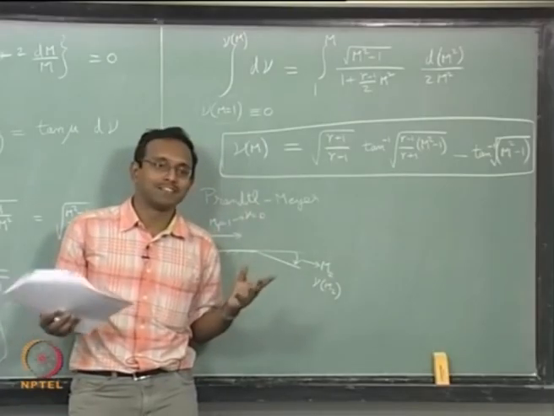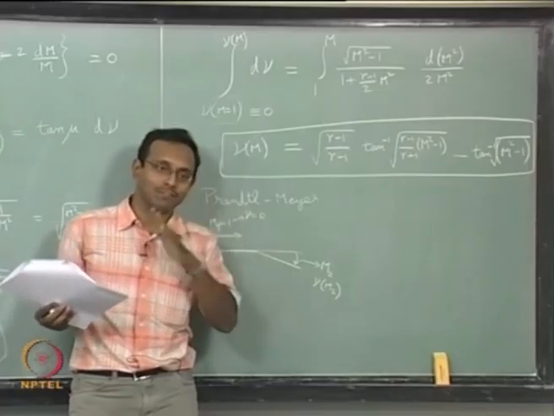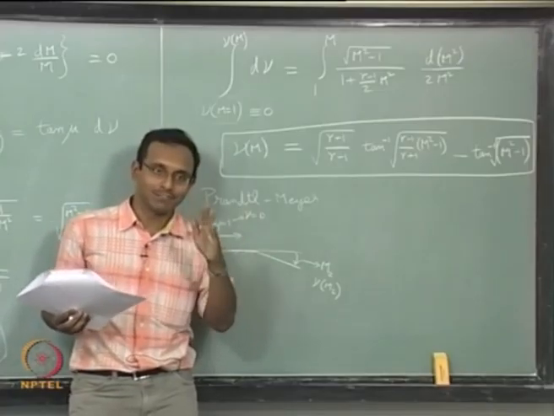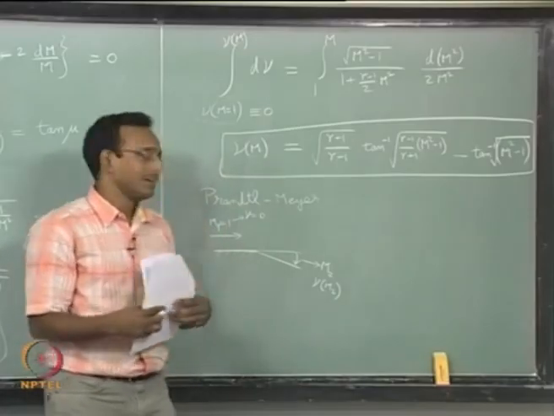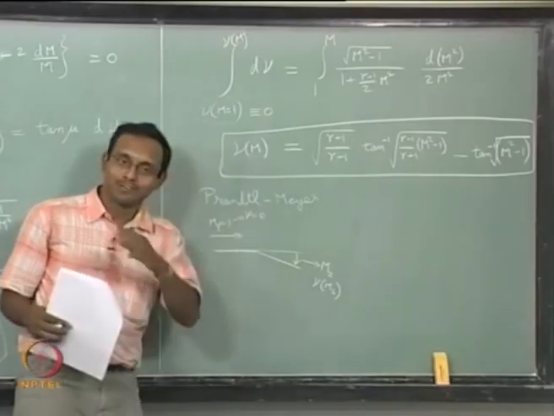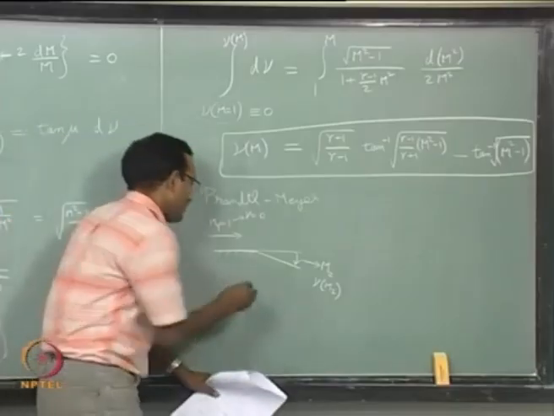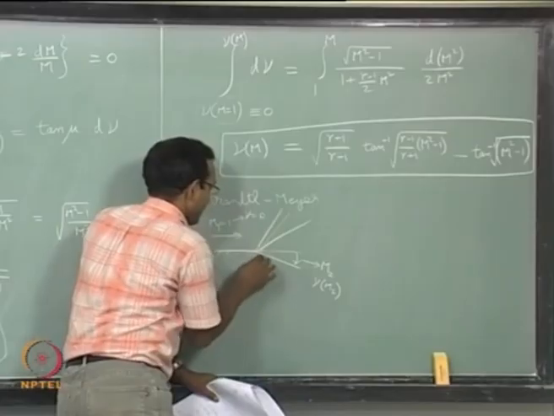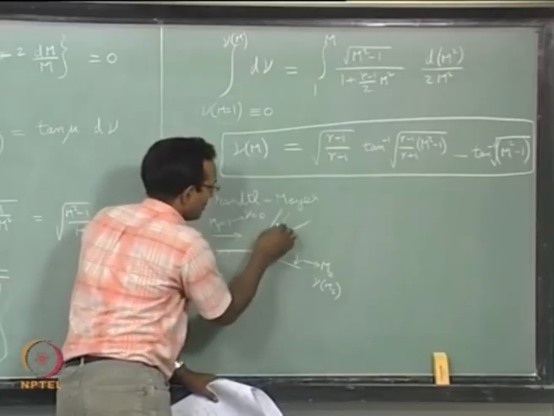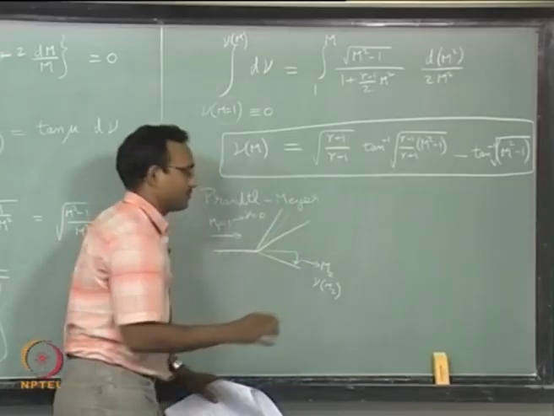We said the expansion fan contains a lot of waves. We typically represent it by the first wave and the last wave and probably a middle wave. That is all we do. But it is actually a whole bunch of waves inside, an infinite number of waves. This is your expansion fan.